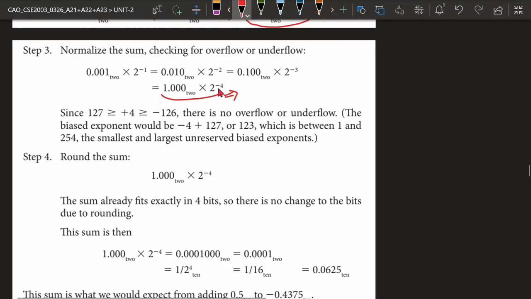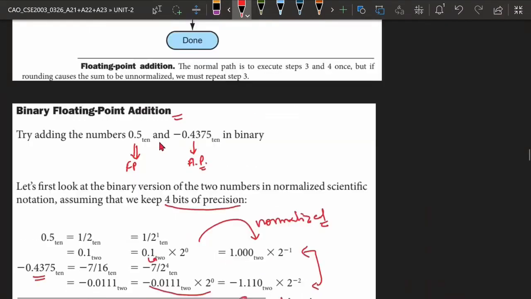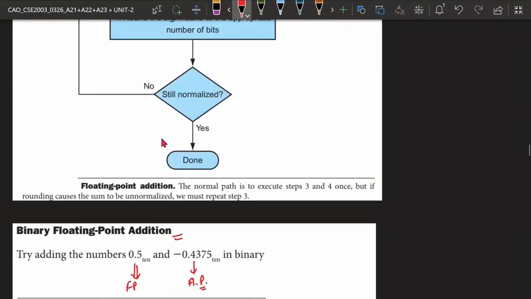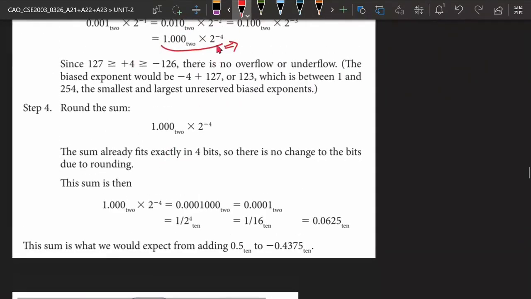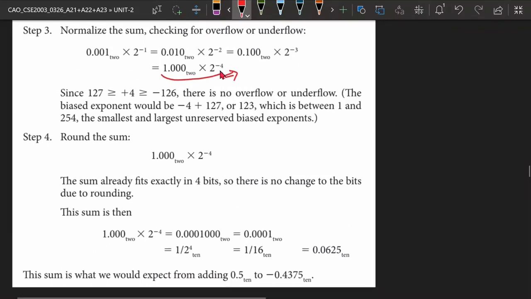When the exponent is minus 4, and we want to represent it in single precision, we need to write this exponent in the form minus 4 plus 127, by adding the bias.